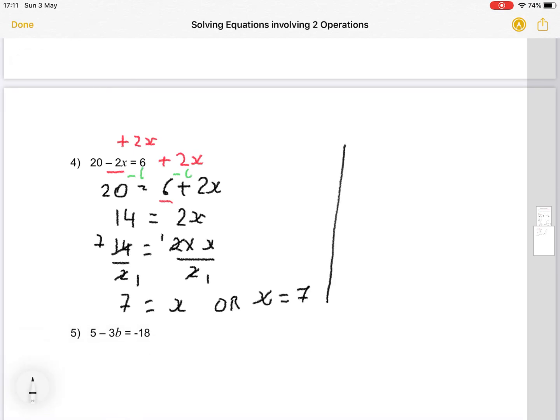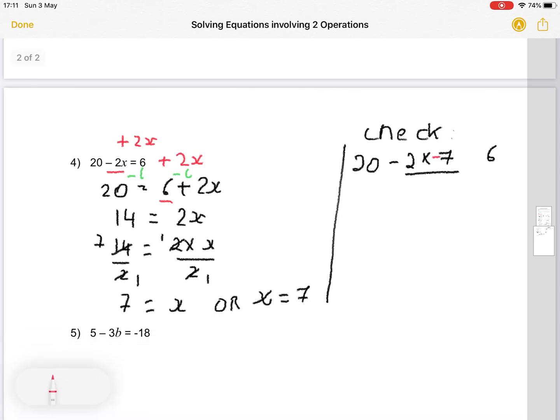We can now check. To check, we must substitute x by 7 in the equation. So 20 minus 2 times 7. On the other side, we have a 6. Remember that we must work the multiplication first.